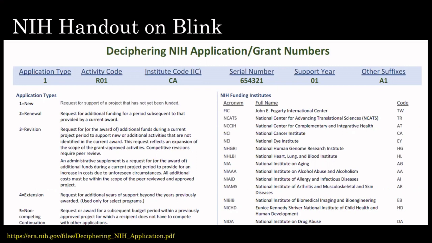So this will tell me what agency within NIH this grant is through. In the example above, CA would refer to the National Cancer Institute. The serial number is a 6-digit number generally assigned sequentially within an NIH institute or center, so this number is unique to the grant.